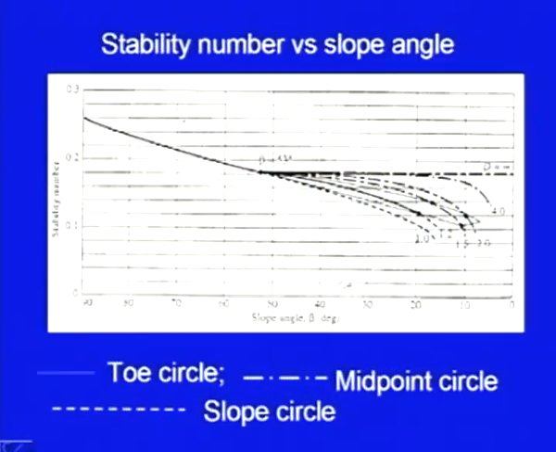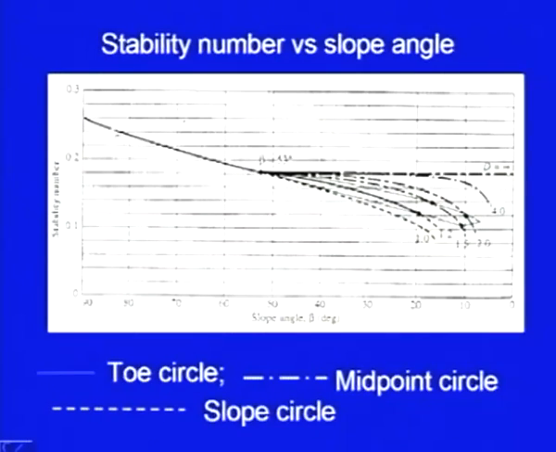Here is the chart of the stability number. On the x axis the slope angle is given in degrees, and on the y axis it is the stability number: 0.1, 0.2, 0.3 values. And you can see that from beta equal to 53 and more than 53, you have only one line.